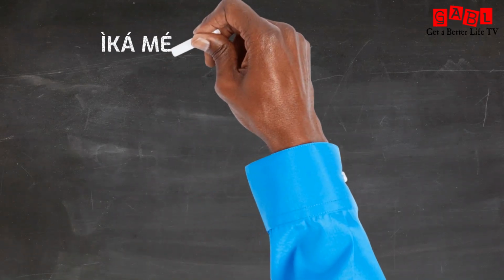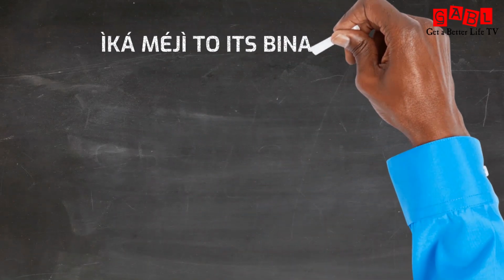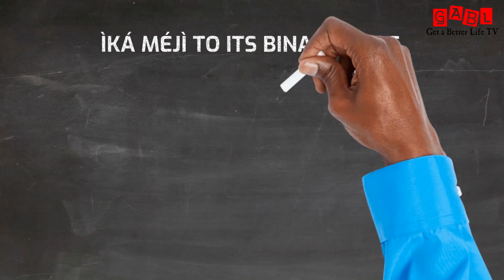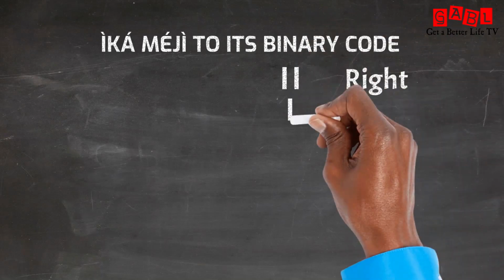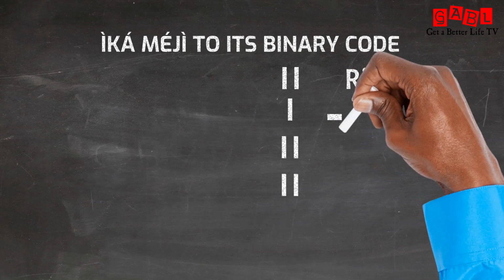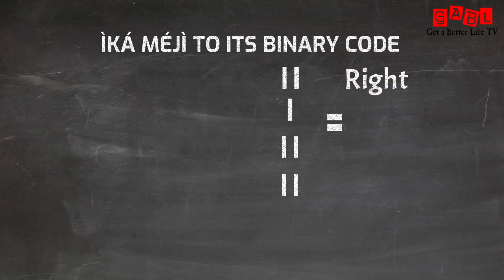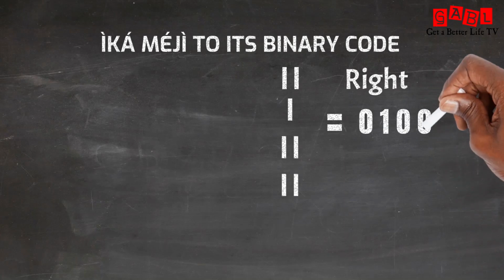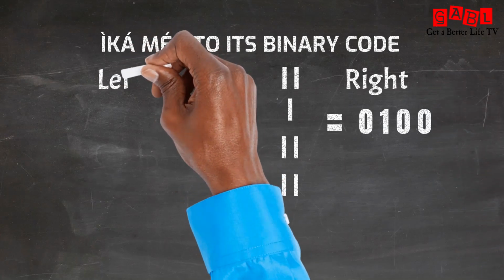Converting this to binary, the right column, top to bottom, has double line, single line, double line, double line. This translates to 0, 1, 0, 0. The left column also has double line, single line, double line, double line.